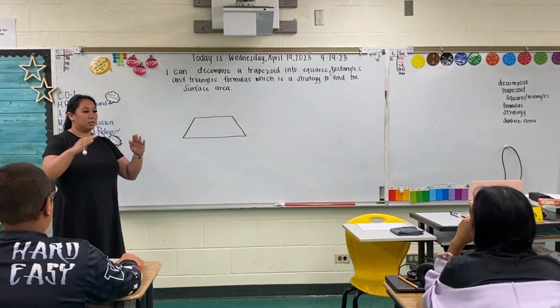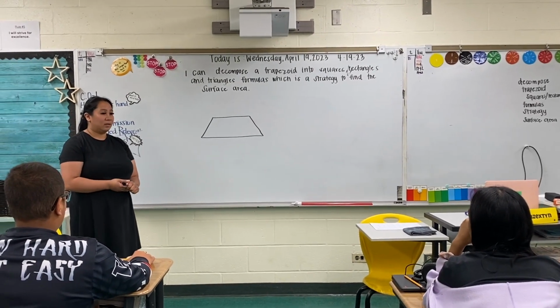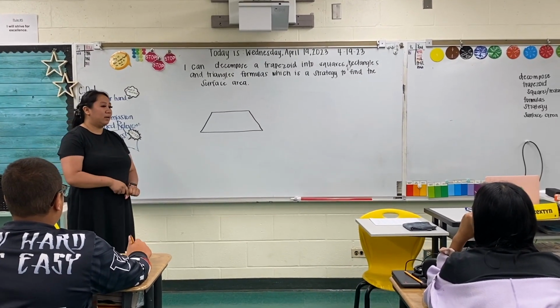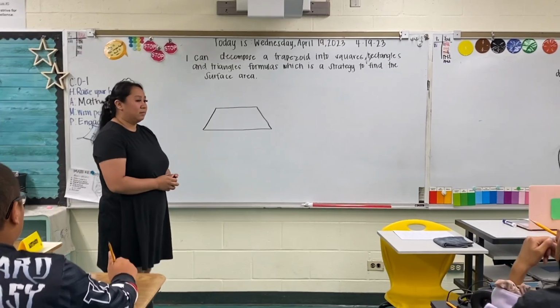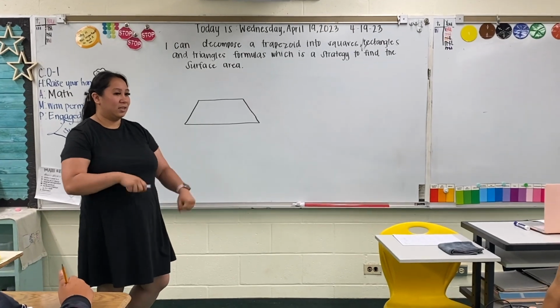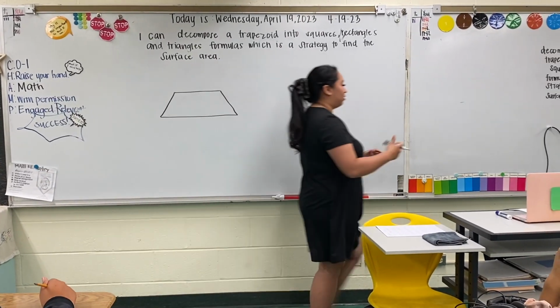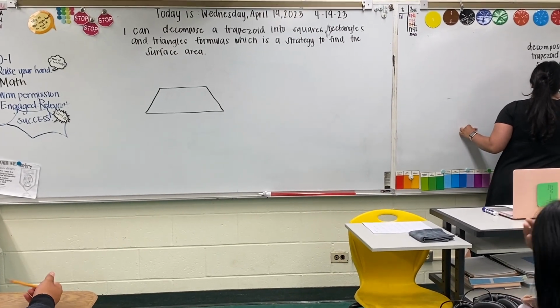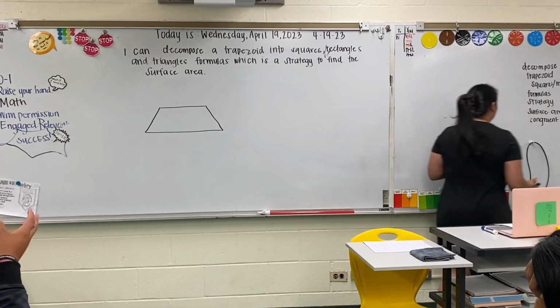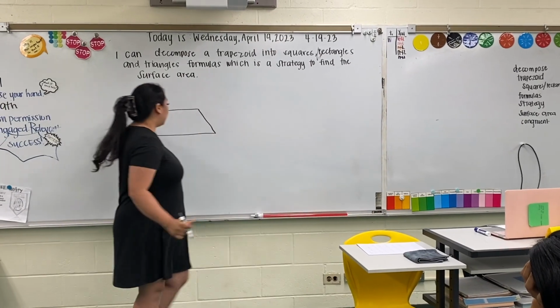The same length? Yes. One side. And what is the word that we're using when it's the same side? Congruent. Good. And which sides are the same? The right and the left.